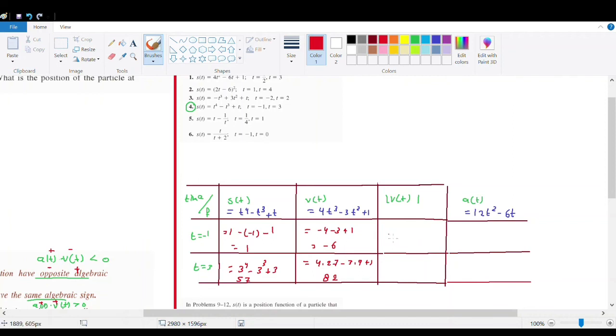So the speed here is 6, and the speed here is 82.